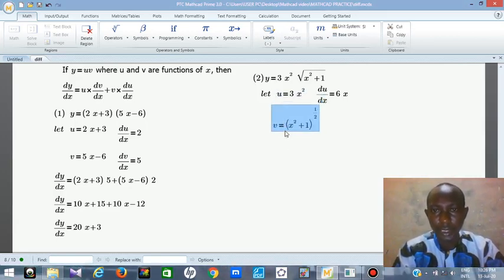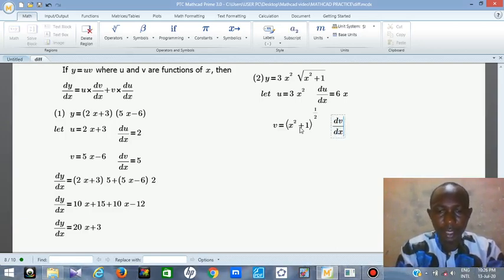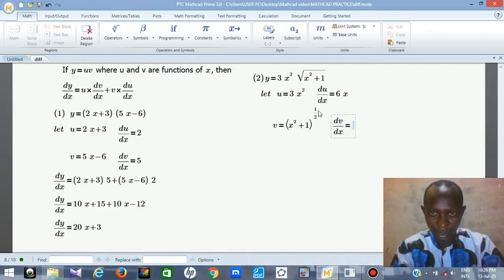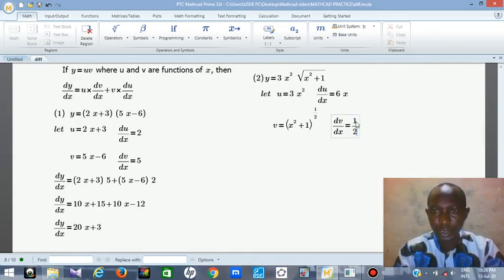Then the next thing is we need to differentiate this, and when we are differentiating this, what are we going to do? We say dv/dx will be equal to, using our function of a function method, we differentiate it as a single function. So half is going to multiply the coefficient of this bracket, which is 1, so I have 1 over 2.